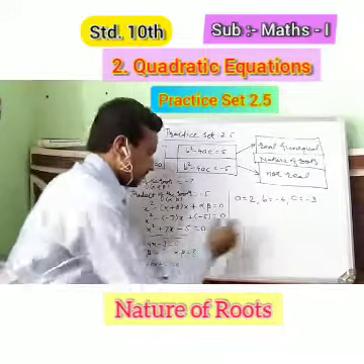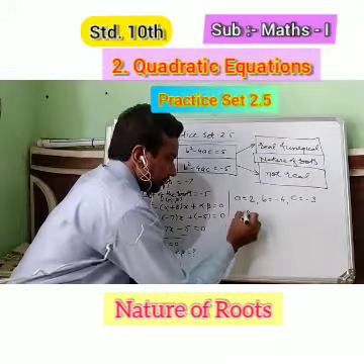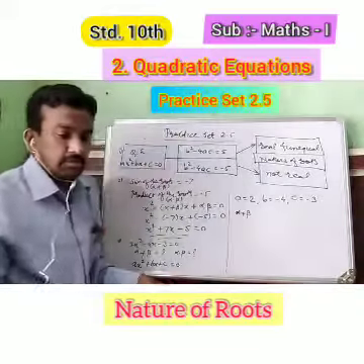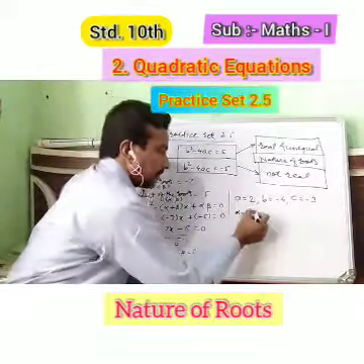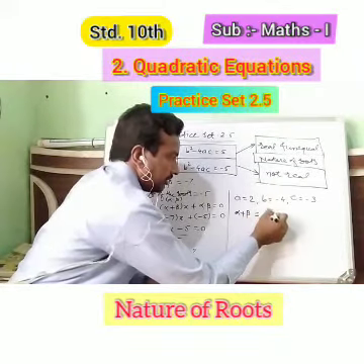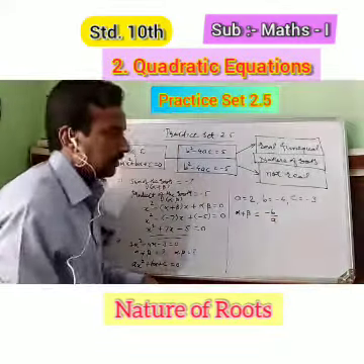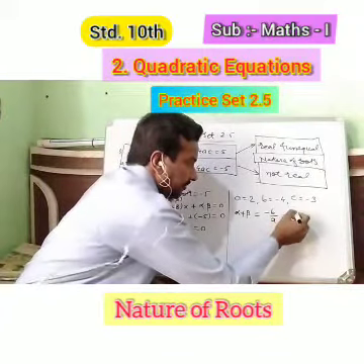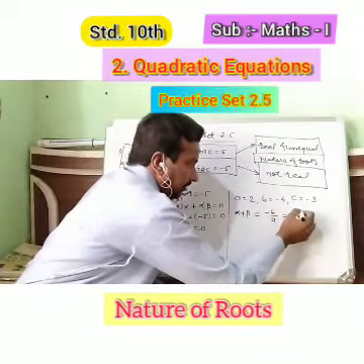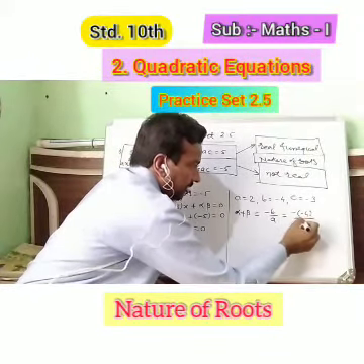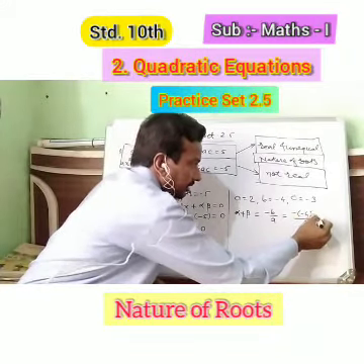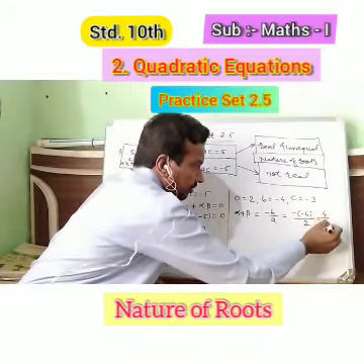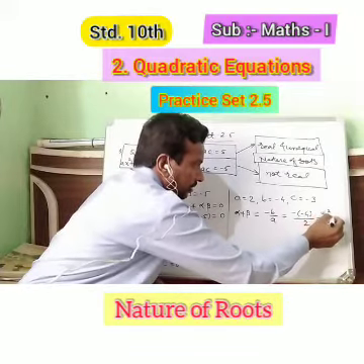Now find alpha plus beta. We know the relation between roots of the quadratic equation and coefficients: alpha plus beta is equal to minus b upon a. Put the value, b is minus 4 and a is 2. Minus minus becomes plus 4 upon 2. 2 1s are 2, 2 2s are 4.